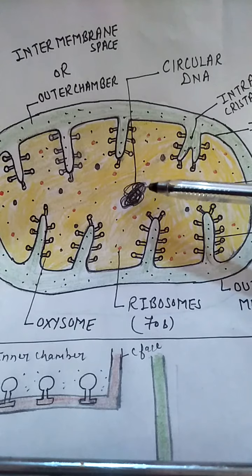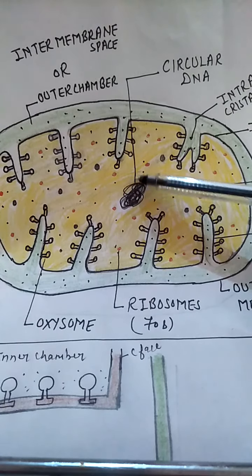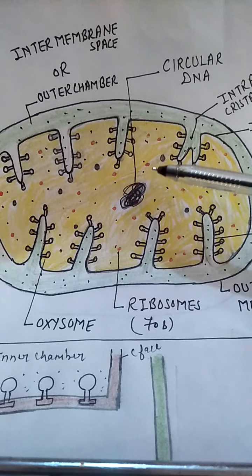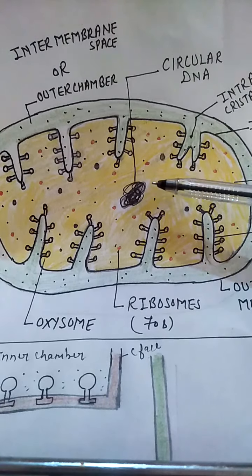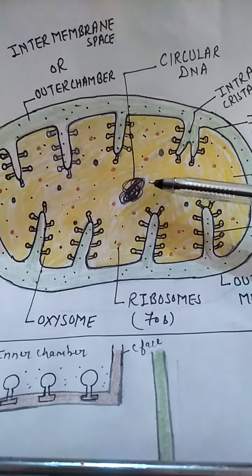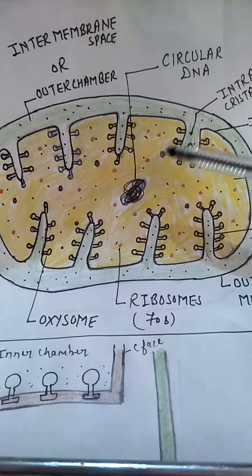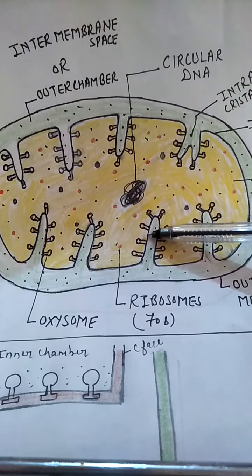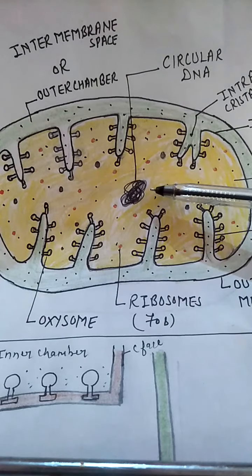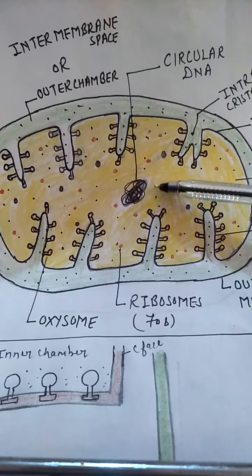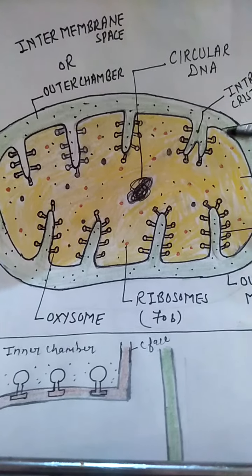Mitochondria possess their own DNA, and this DNA is circular and does not possess protein. It is similar to the DNA present in the prokaryotic cell. It may remain in the matrix or attached to the inner membrane, and it is transcriptionally active, meaning it can form RNA.